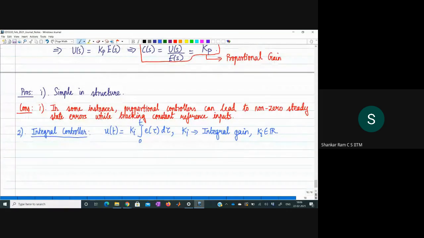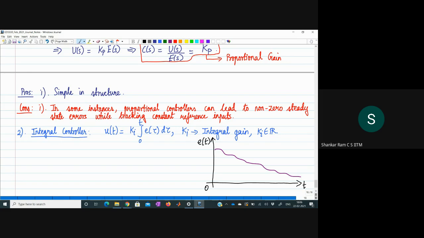If we want to look at it graphically, let's say we draw the time history of the error, some arbitrary profile. What is this integral controller going to do? Let's say I am at some specific time t, we are going to integrate.